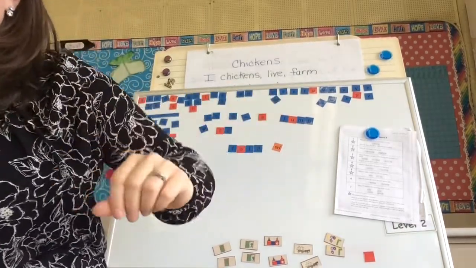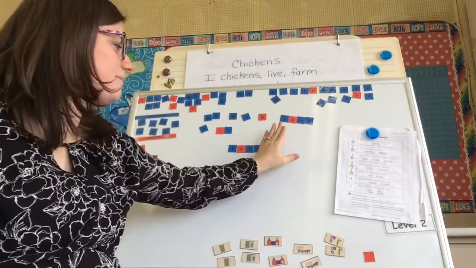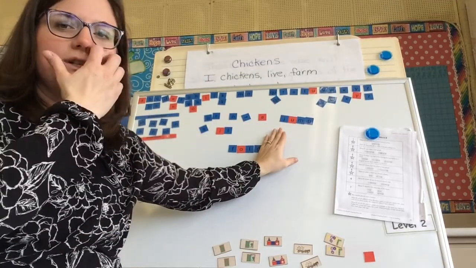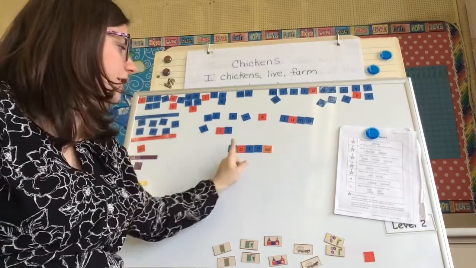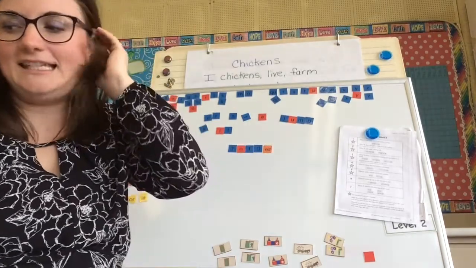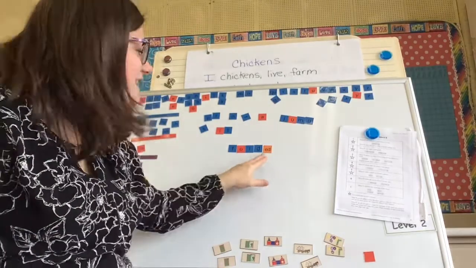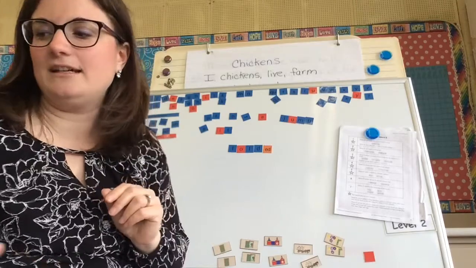Okay. I'm going to build another one here. So if I cover up the ed, the word is fold, fold. And then if I add the ed, folded, id, right? Our ed is saying id, fold, id.